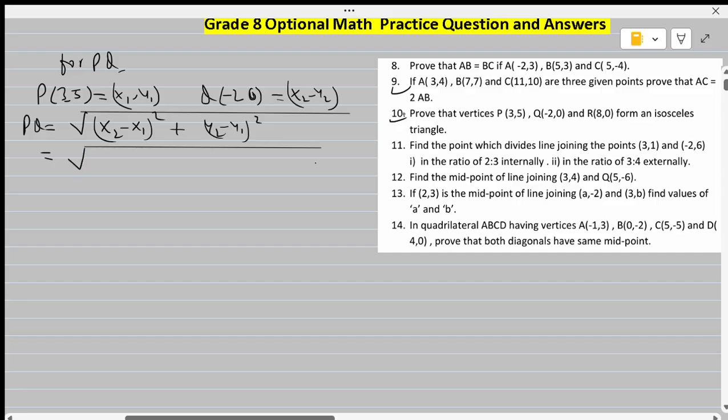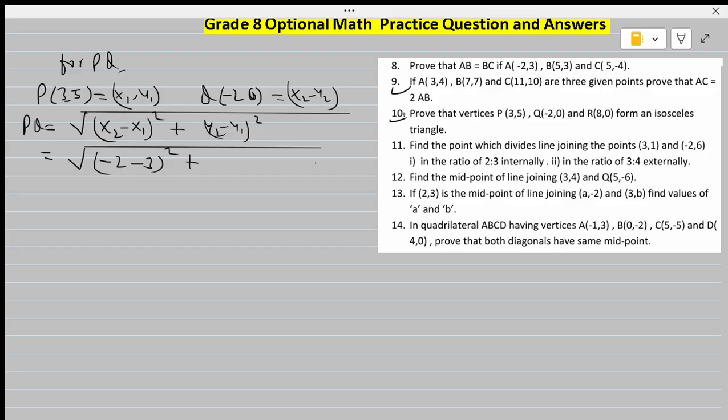So second x is here -2 and first x is 3, and second y is 6, and first y is 5. So 6 minus 5. So 3, 5, I'm sorry, it's not 6, it's 0, right? So second y is 0 and first y is 5. So we're going to get there.